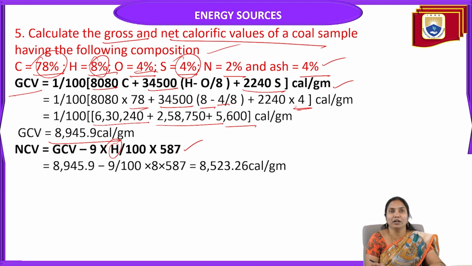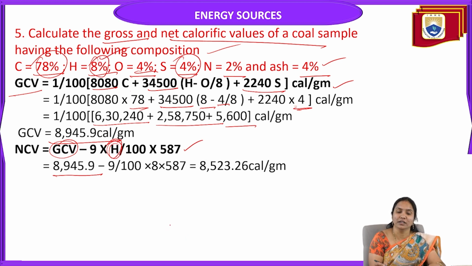In this formula, we substitute the gross calorific value and the hydrogen percentage present in the fuel. The gross calorific value of the given fuel is 8,945.9 minus 9 by 100 into the percentage of hydrogen, 8, so we substitute 8 into 587, which gives 8,523.26 calorie per gram.